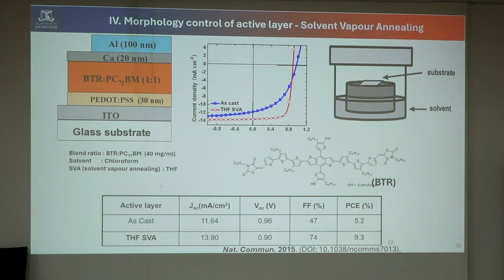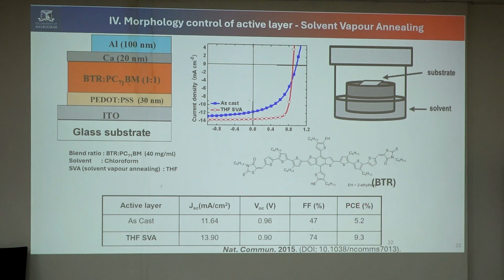We coated this blend of BTR and this material with PCBM, and we tried all types of solvent: chloroform, CS2 and THF. We found that when you put THF inside, it really changes the morphology. The performance went up from 5.2 to 9.3%.